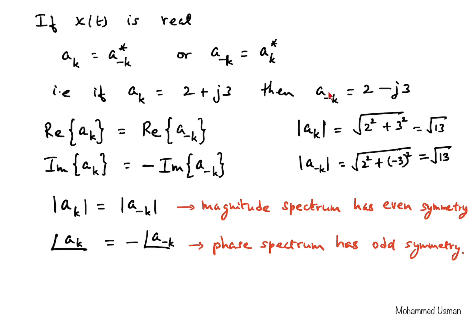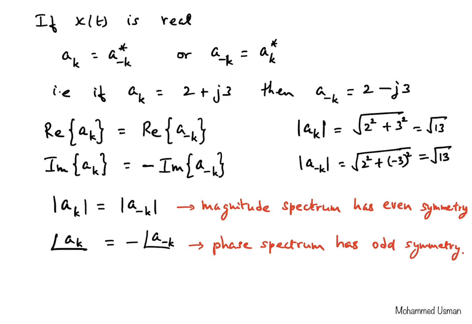So looking at AK and A minus K here, we can say that the real part of AK and the real part of A minus K is the same. So it's 2 here and it's 2 here. So in general, for a real signal x of t, the real part of AK and the real part of A minus K are equal.